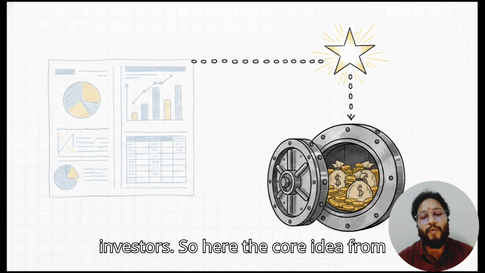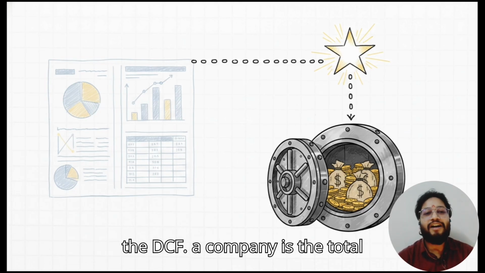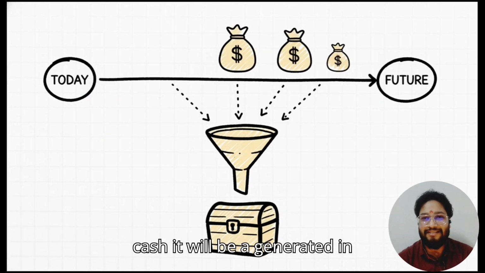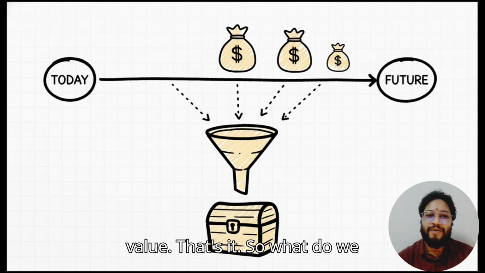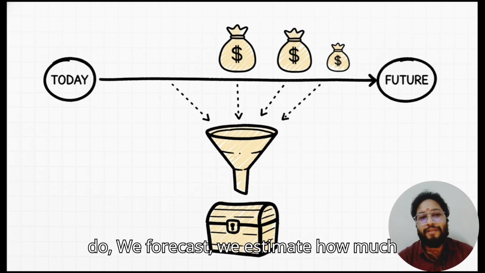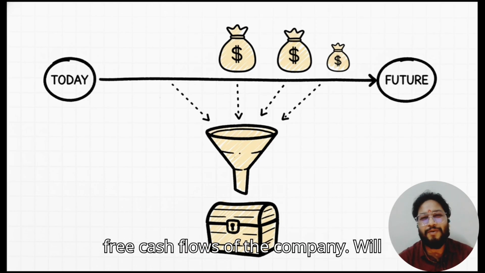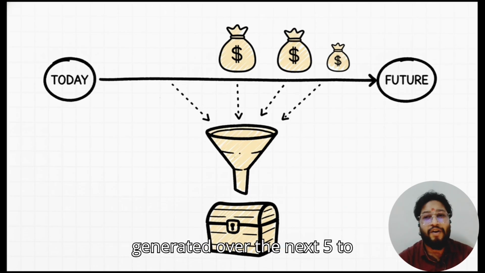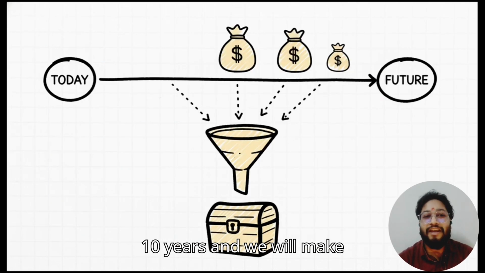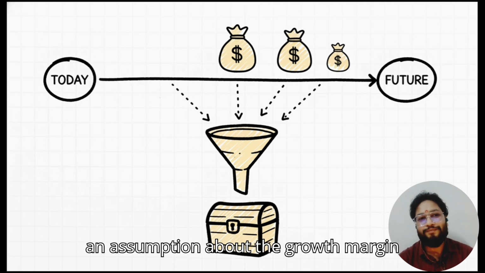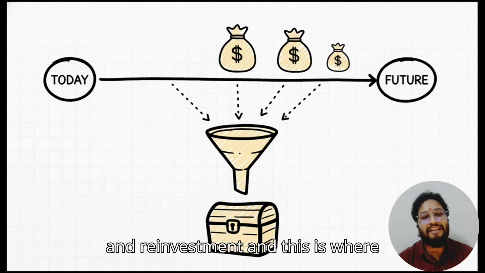So here is the core idea of the DCF. A company is worth the total cash it will generate in the future, brought back to today's value. That's it. So what do we do? We forecast, we estimate how much free cash flow the company will generate over the next 5 to 10 years, and we make assumptions about growth, margin, and reinvestment.